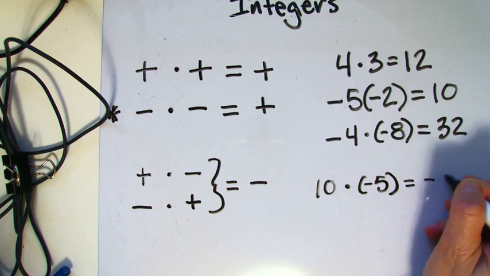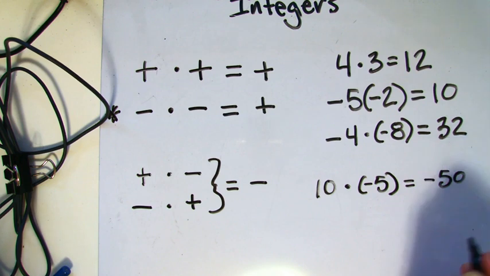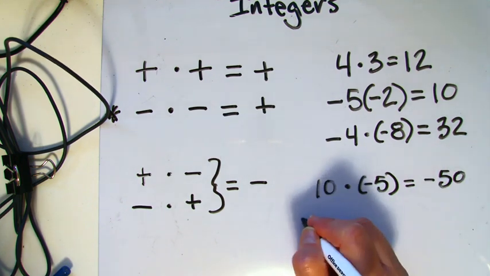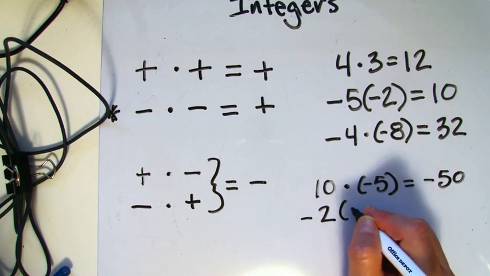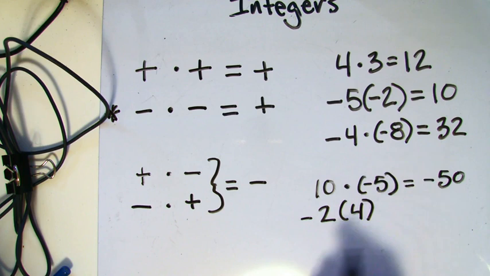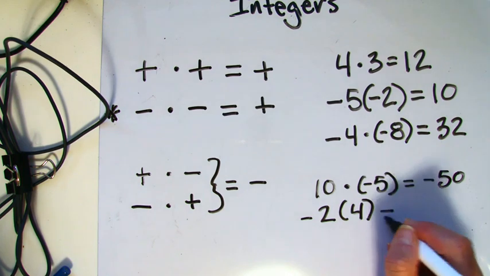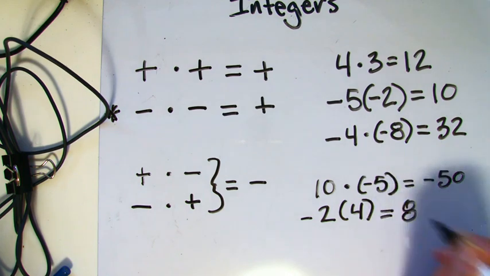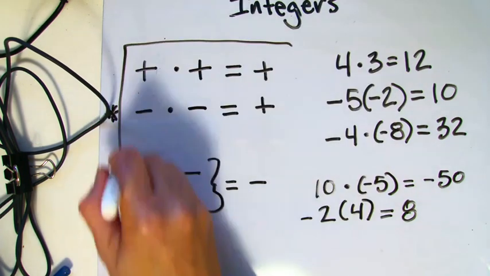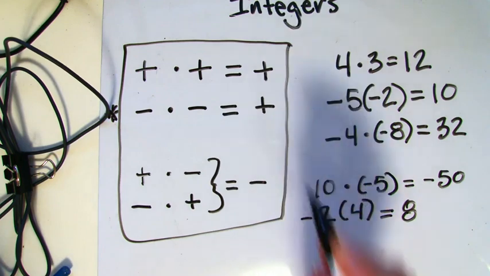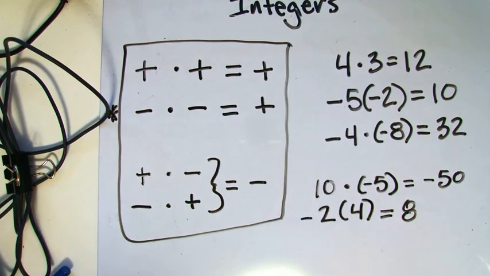My answer is going to be negative 50. If we start with a negative, negative 2 times 4, my answer is going to be a negative 8. So these are really the main rules that you want to keep track of when you're doing multiplication of integers.